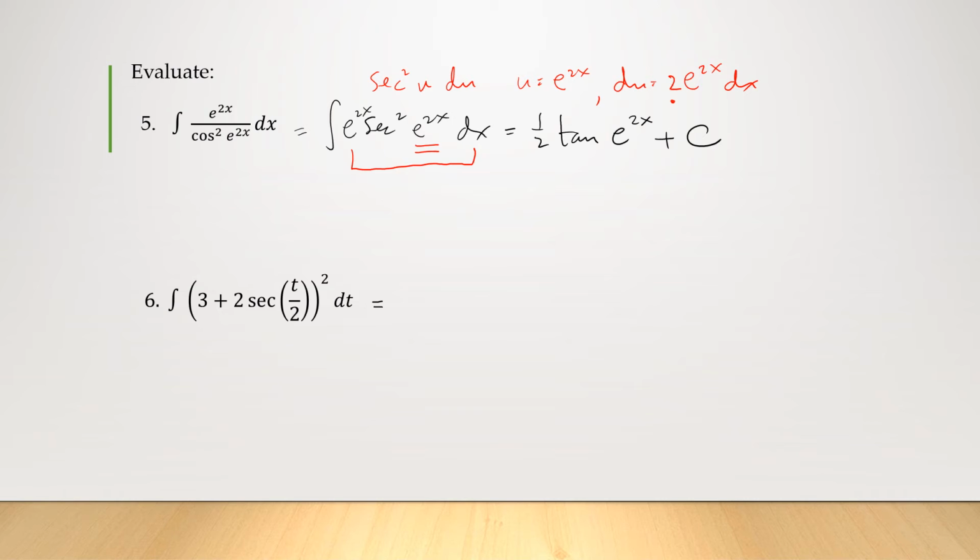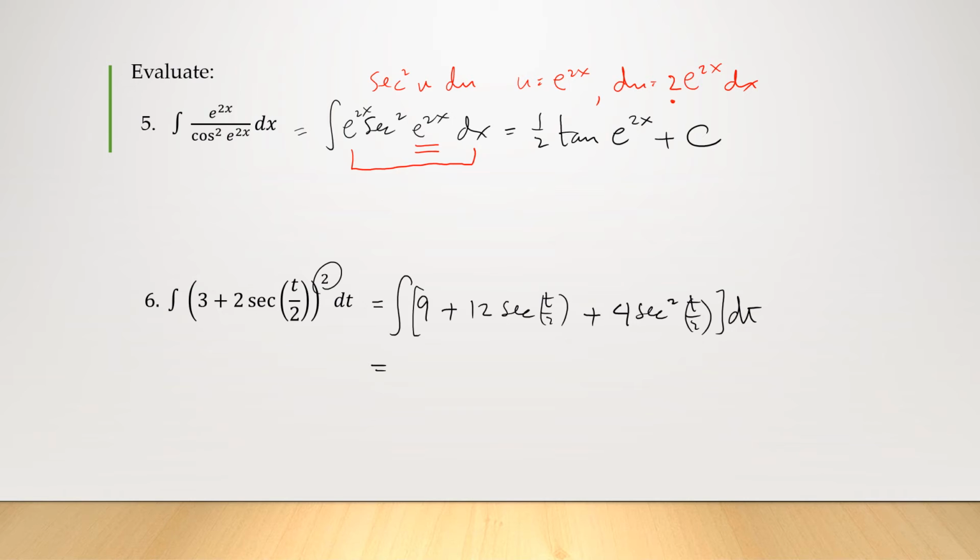What we do is we expand to 9 plus twice the product of 3 and 2 secant t over 2, that will be 12 secant t over 2, plus 2 secant t over 2 squared becomes 4 secant squared t over 2, quantity dt.